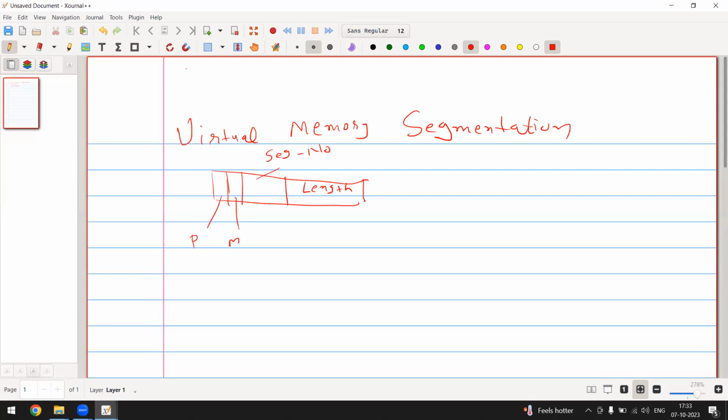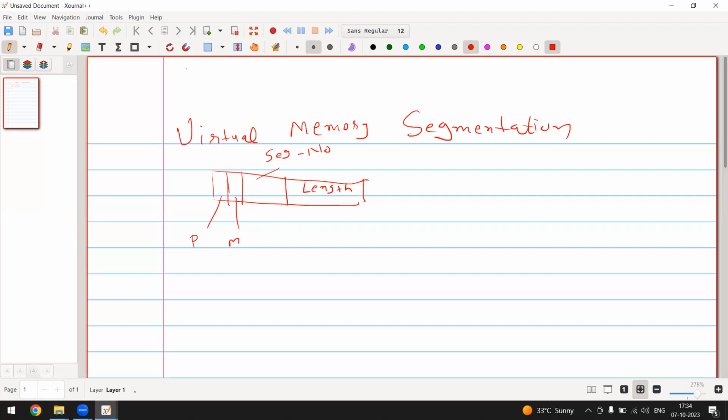So the present bit will check whether the current segment that you are trying to access is in the main memory or not, so is present or not. And the modify bit will check whether the contents of this segment are modified or not since it was last loaded.